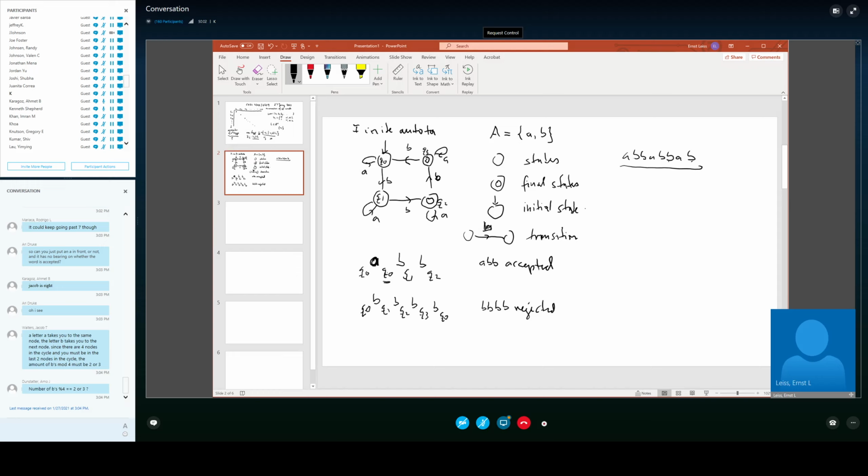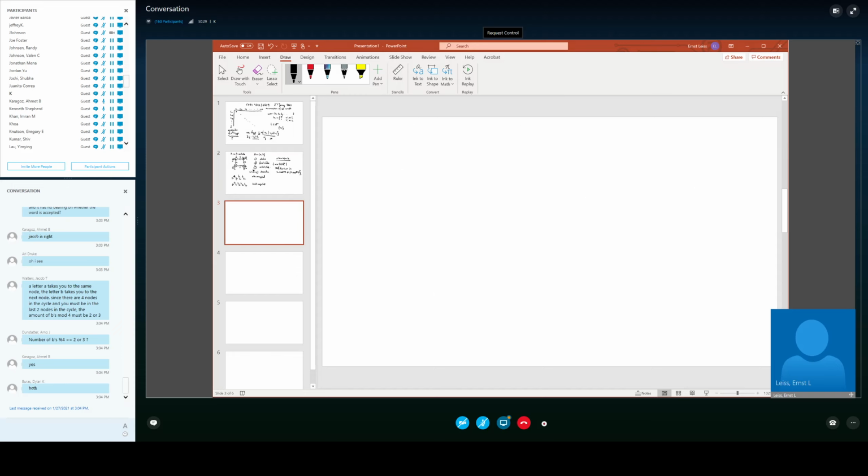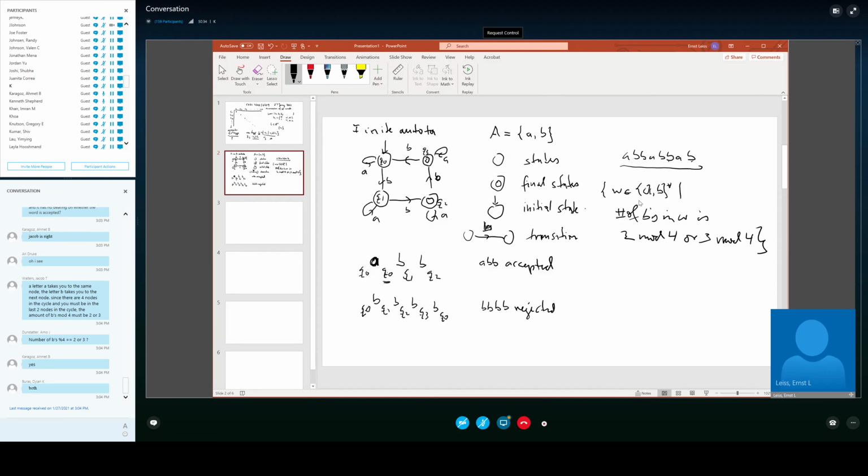So W is in {0,1} A, B star. The number of B's in W is 2 mod 4 or 3 mod 4. That would be a description of all the words that are accepted by this automaton.